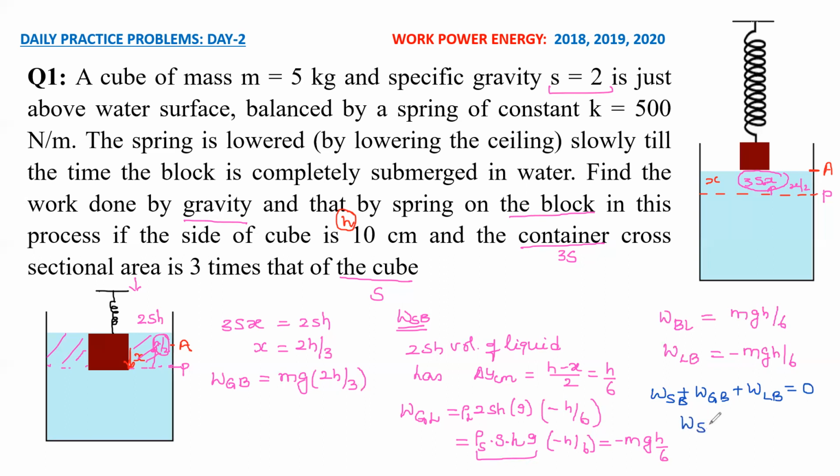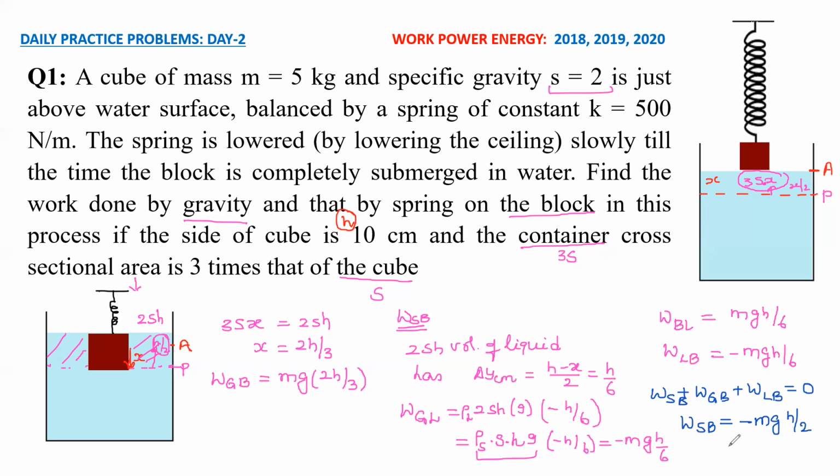So work done by the spring on the block is nothing but negative sum of the other two. So when we add the other two, we'll get mgh by 2. So here the spring will do minus mgh by 2 amount of work on the block. You can easily understand that.